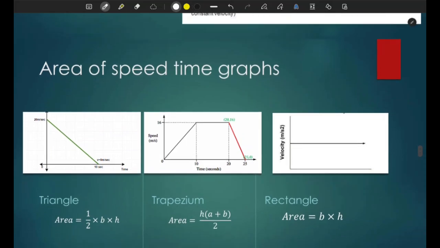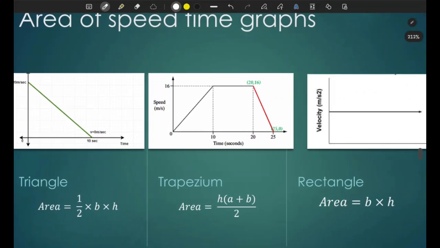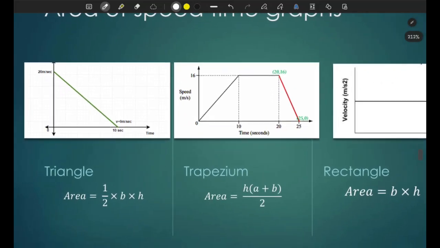As I've mentioned, the area of a speed time graph represents the distance traveled. For your syllabus, they can give you mainly these 3 shapes. The first one is a triangle. If the graph is triangular, we can use the formula for the area of a triangle, which is area equals half base times height.